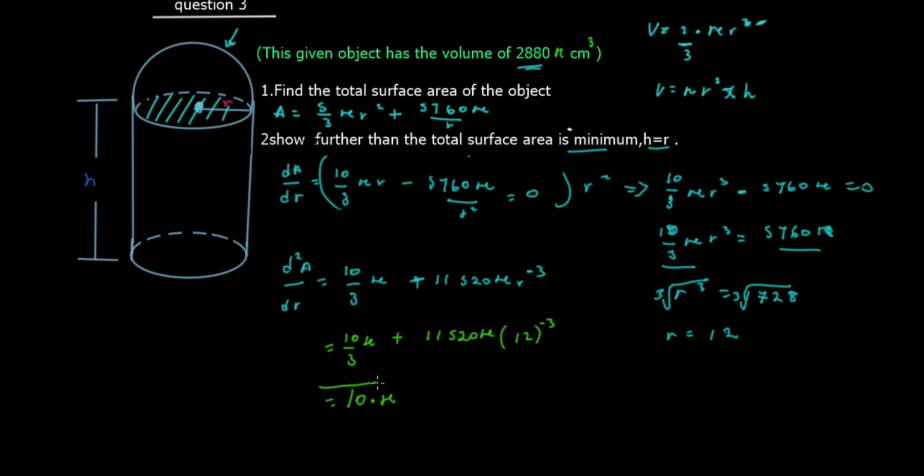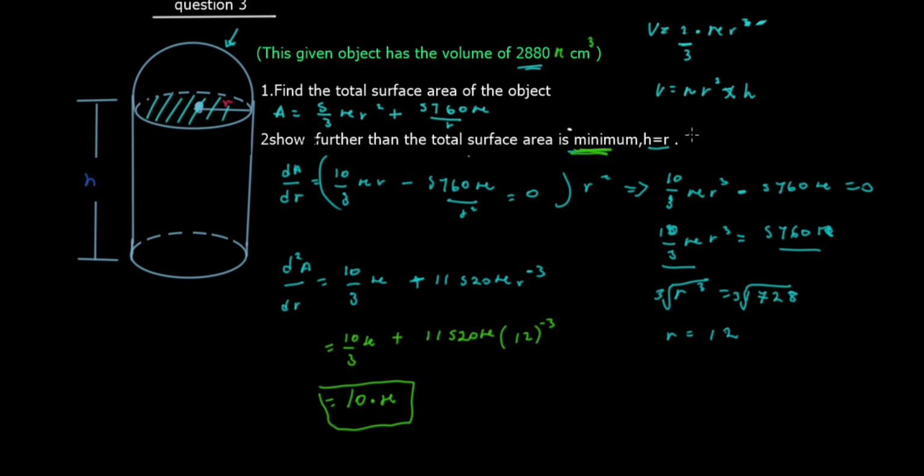So using your calculator, you'll find this as the answer, proving that because the second derivative, when you substitute the value of r, equals a number greater than 0, it means it is minimal.